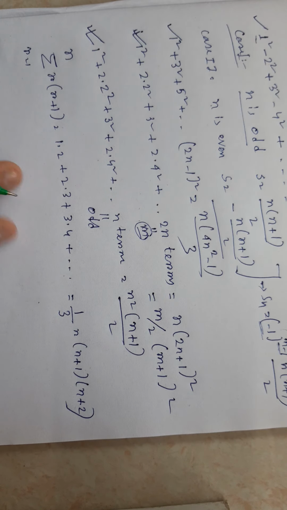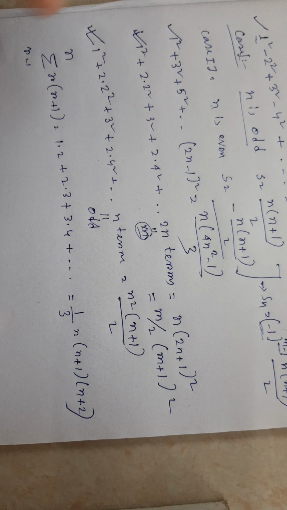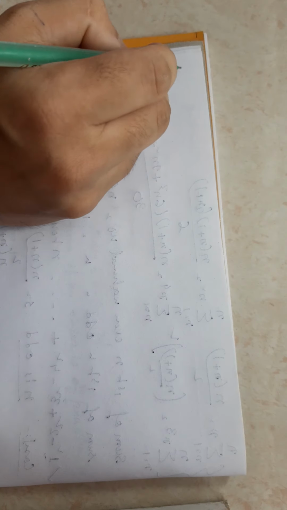These are all important series which are asked many times in JEE Main and other state joint exams. So I will give you some other important tips in arithmetic progression.